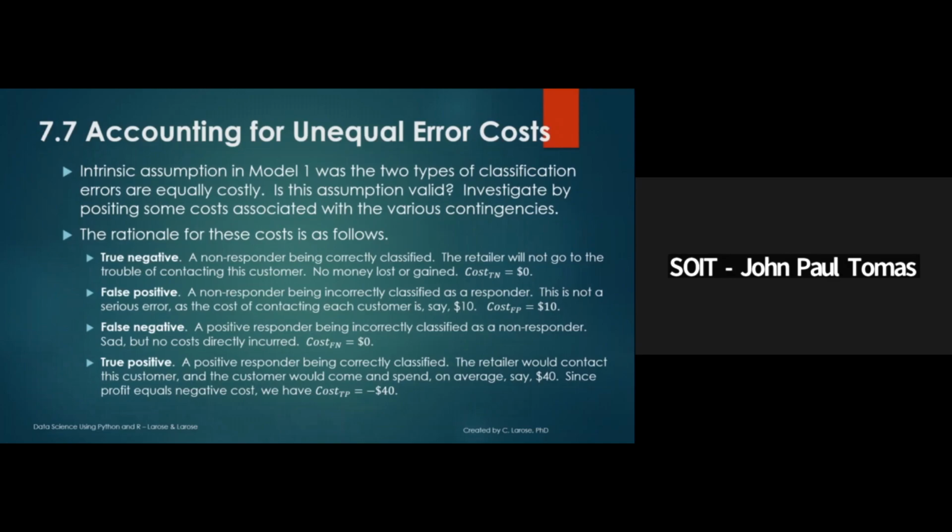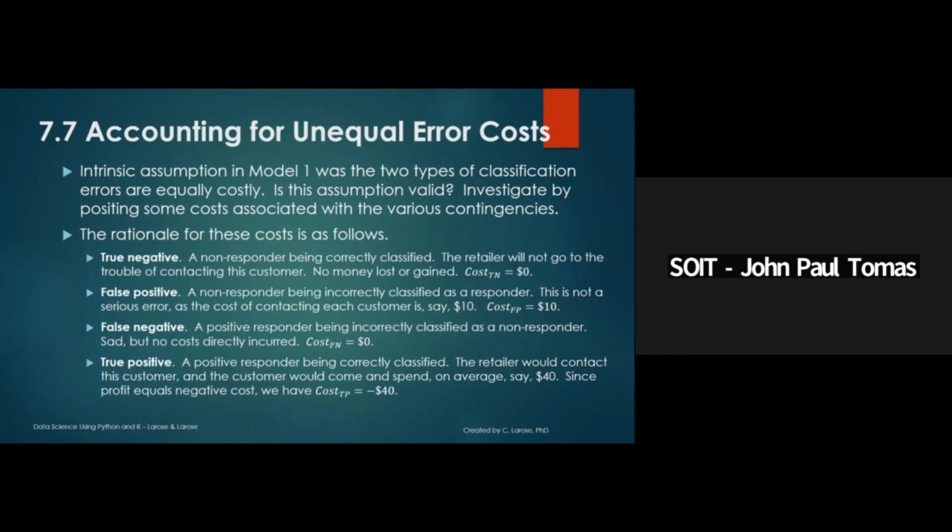The customer would come and spend on average $40, so since profit equals negative cost, we're getting a negative cost. It's always negative in this case, so we will be allotting $40.